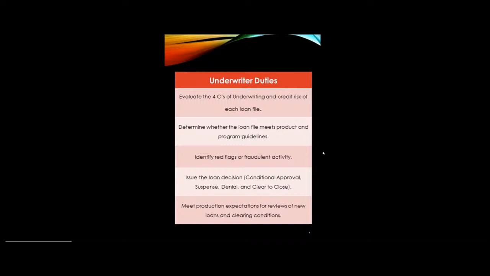You are to try to meet your production expectations for reviews of new loans and clearing conditions. I'm going to touch base on that last line, meet production expectations. Most lenders out there don't really have a formal requirement to underwrite X amount of loans per day, only because every file is different.